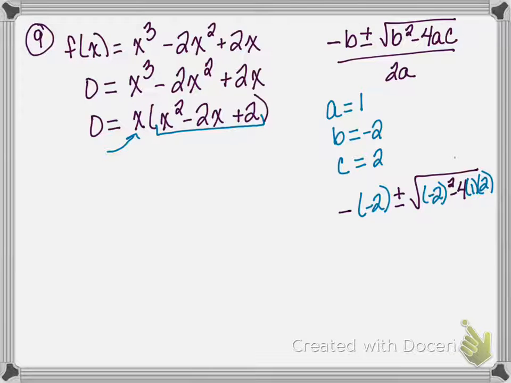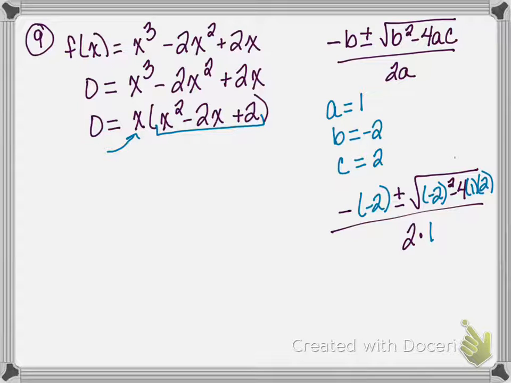And all of that is over 2 times a. Okay? And now we are going to do some simplifying. I just used the quadratic formula. It would have been fine if you had used completing the square. Completing the square would have worked fine too. I just chose to use the quadratic formula.